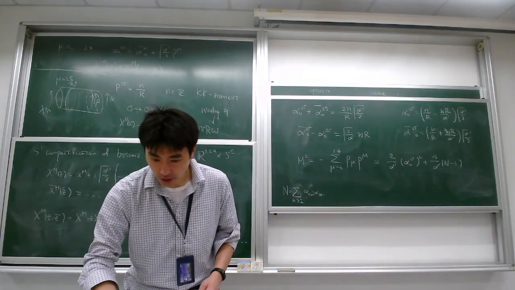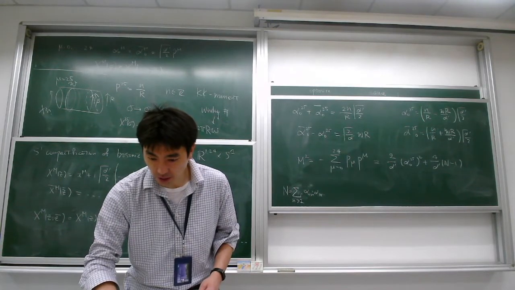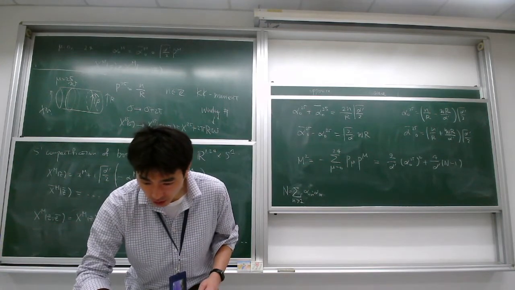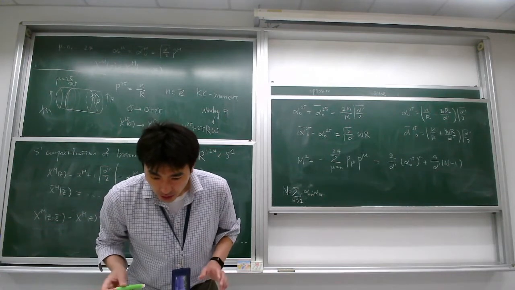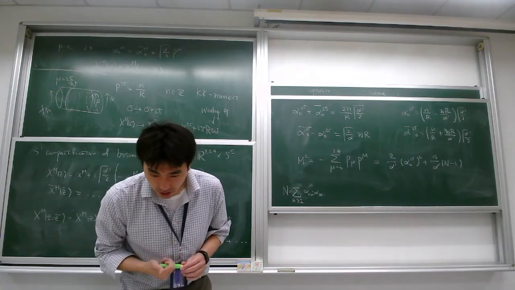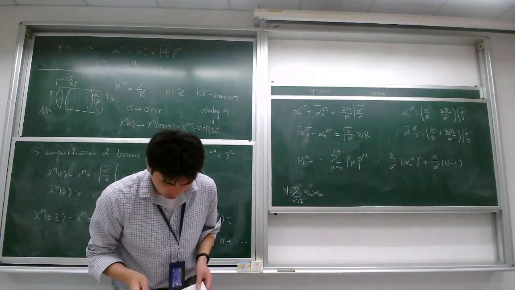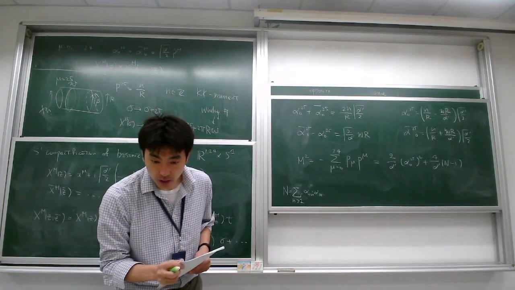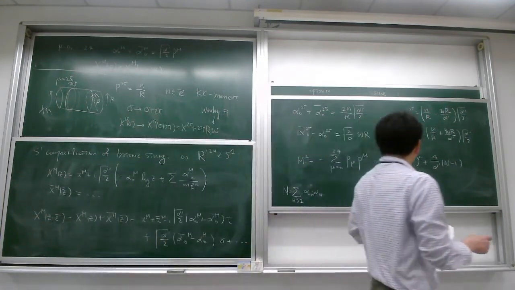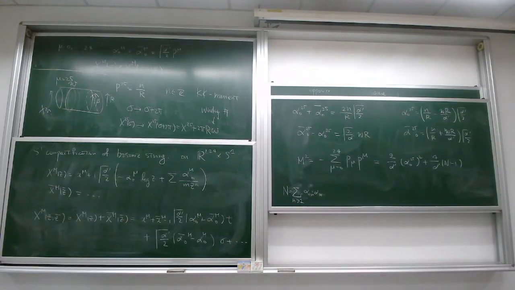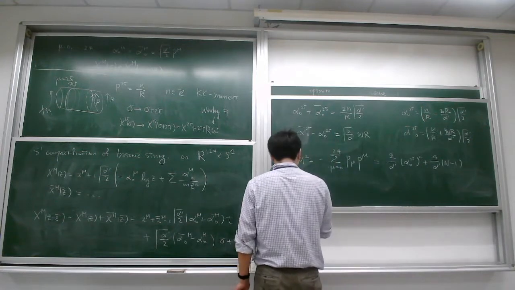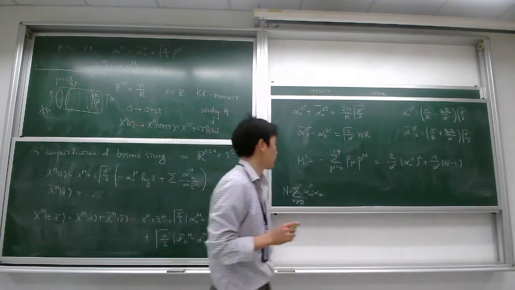The number operator, in the beginning, I just defined it. I think it's better to check if it is the correct formula or not. Yeah, I'm correct. Okay, good. So this is greater than 0, right? Yeah, greater than 0. Good.